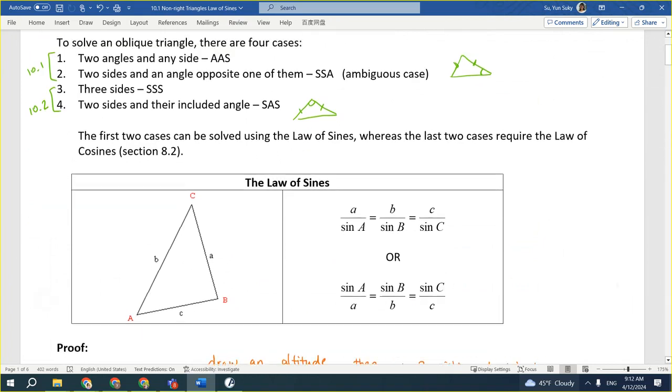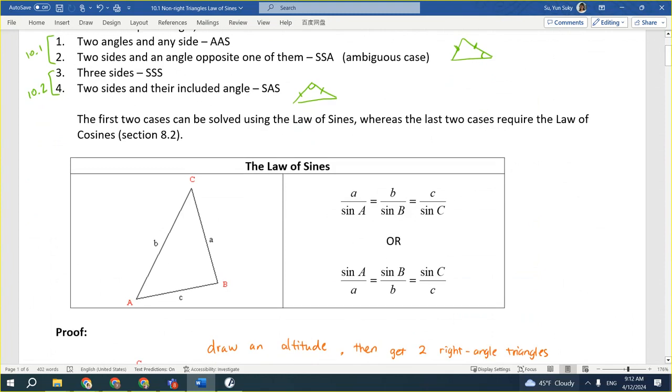Law of sine, this is a formula. Usually we use a small letter to denote the side and a capital letter to denote the angle. So the law of sine is the side over the sine of the corresponding angle.